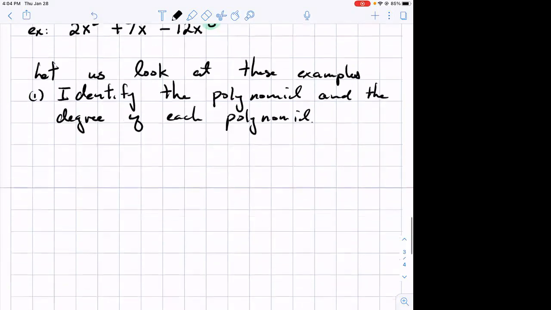So one, if we have 6x squared plus 2x minus 1.